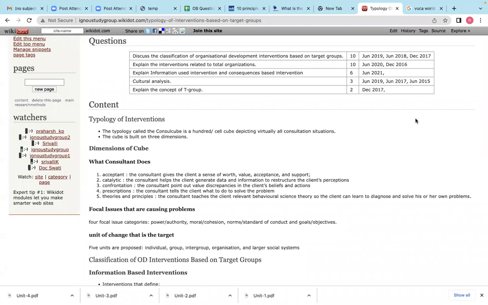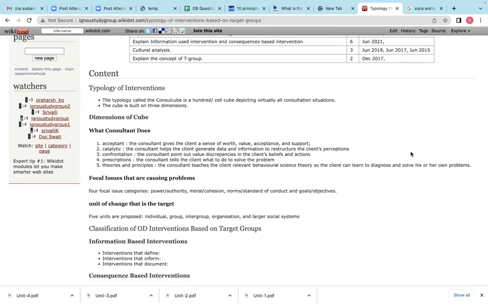From the consultant's point of view, the one who is doing or suggesting this intervention, the first dimension is what the consultant does. The second dimension is what exactly are the issues he is working on. Third is the target group.